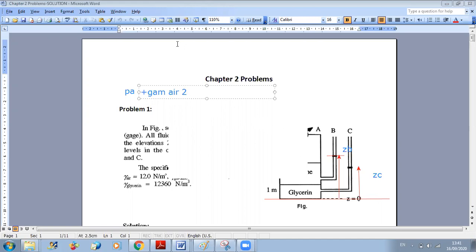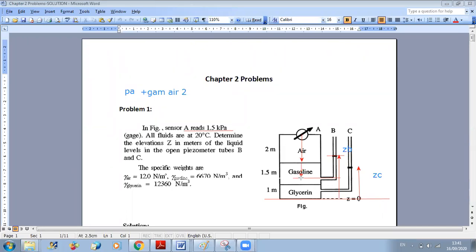Now, I will continue until here. I will go down until this level here, okay? I will go down into gasoline a certain distance. My problem here is that I don't know this distance because they didn't tell me the length from this point to this one, okay? And this might be tricky for you, but always when you have in such problems a distance that is not given, usually it will be simplified, okay?